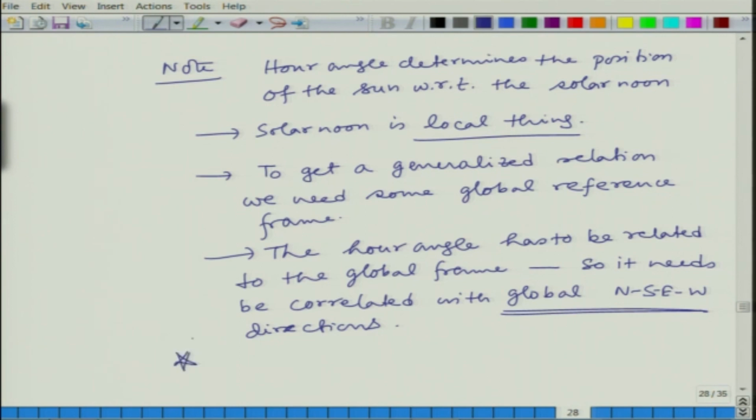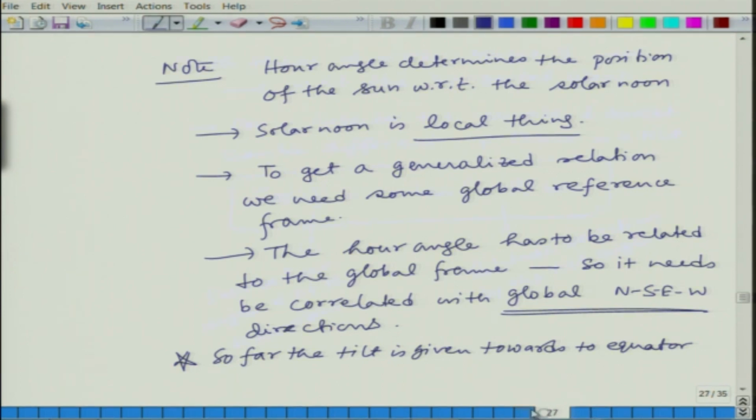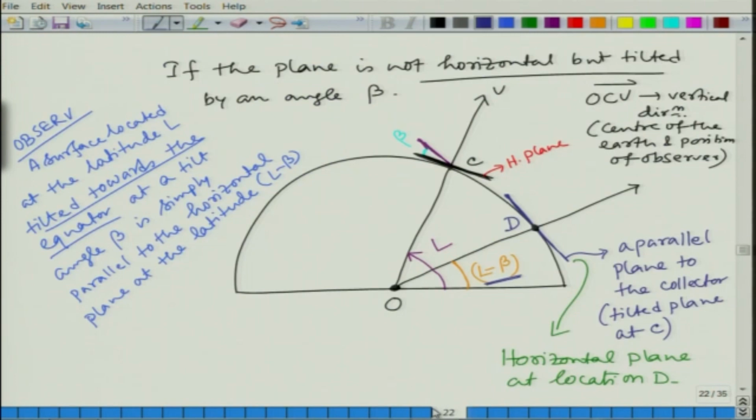Another thing we need to mention here is that so far the tilt is given towards the equator only. So, if we look back where we mentioned it first, yeah.